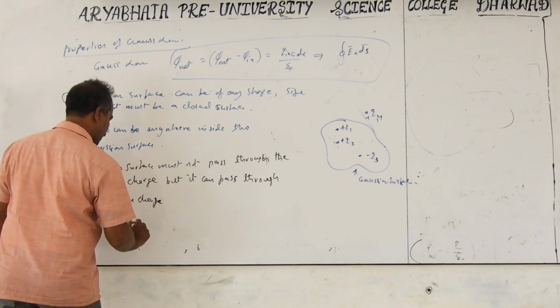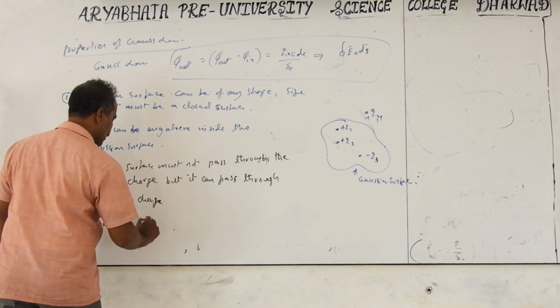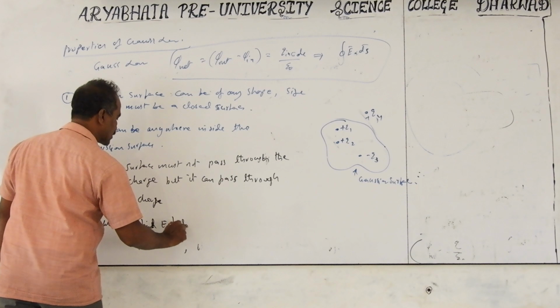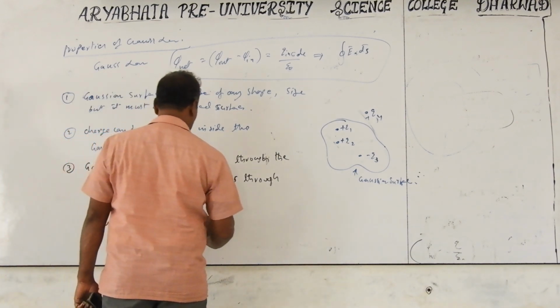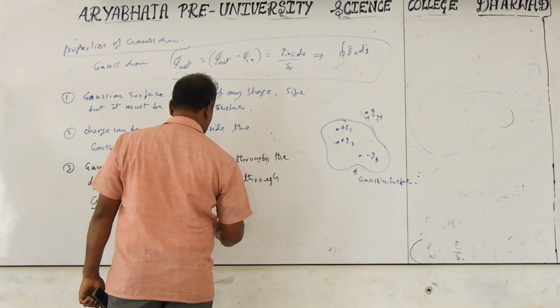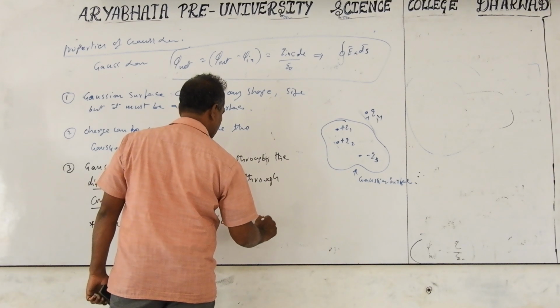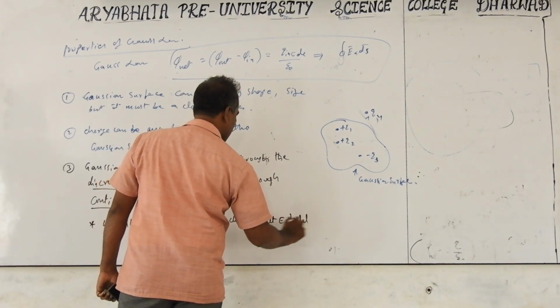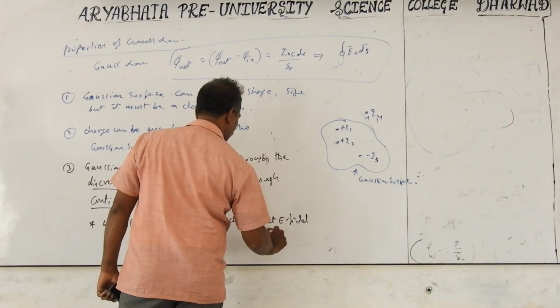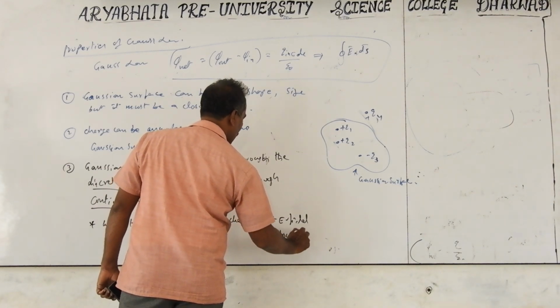We cannot find the electric field on the charge, but it can be found outside the charge.